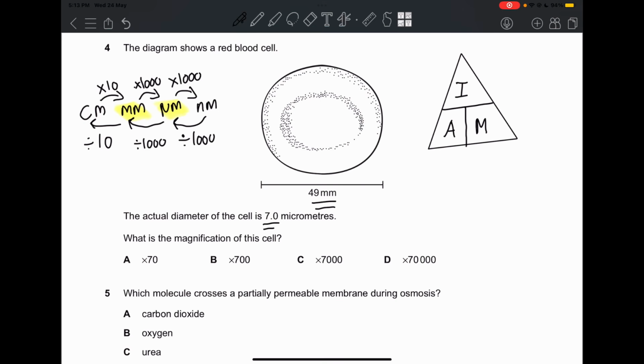So I'm going to be multiplying 49 times 1000 over 7 micrometers. This is to calculate the magnification as per the I-A-M triangle. Now, if you divide this on the calculator, it's going to give you C, which is 7000, so that's our magnification.